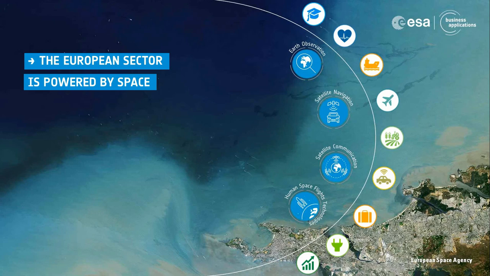These include a wide range of thematic domains from aviation, drones, energy, agriculture, infrastructure monitoring, smart cities, tourism, maritime offshore, and so on. Really a wide range of domains can benefit from space, not only from Earth observation, but also from satellite navigation, satellite communications, and human space flights.